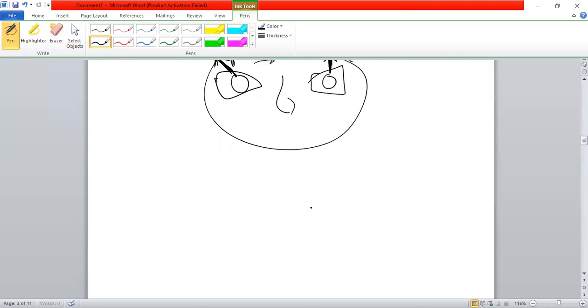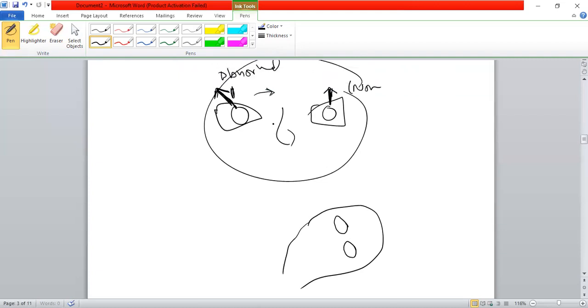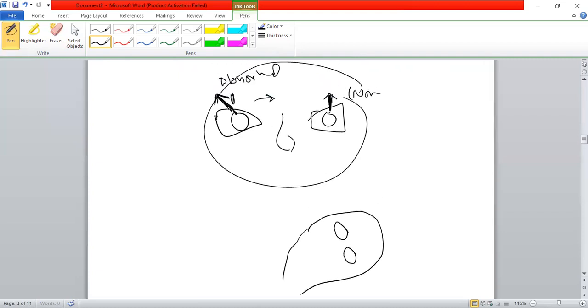Now, when he tilts his head, because he tilted his head, this one will remain the same. Suppose we took this one, and this one will come here.